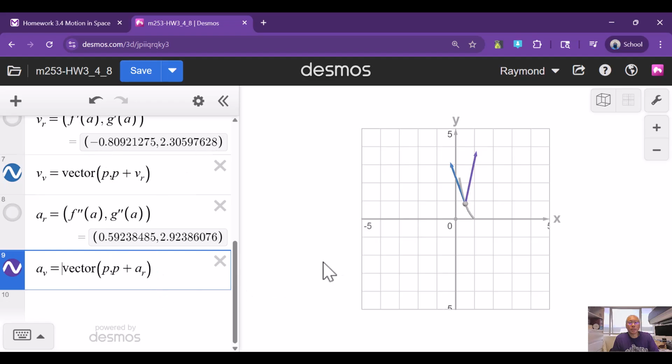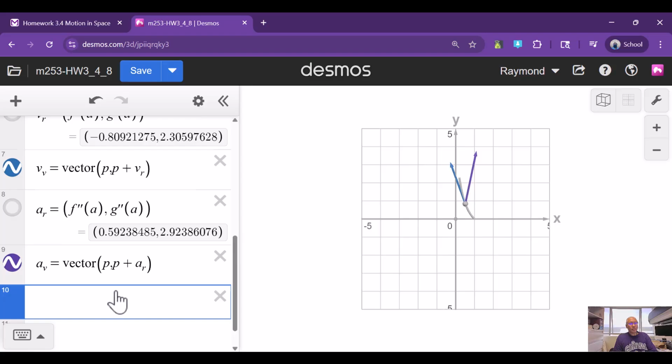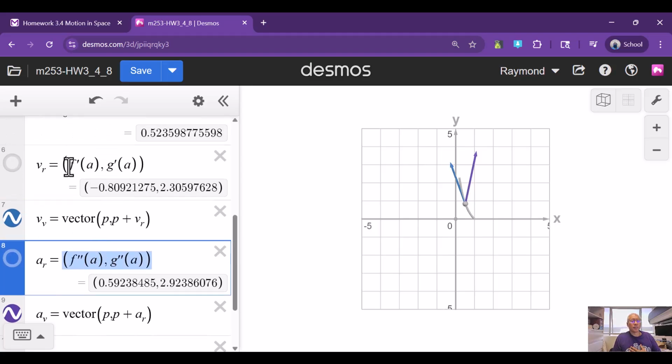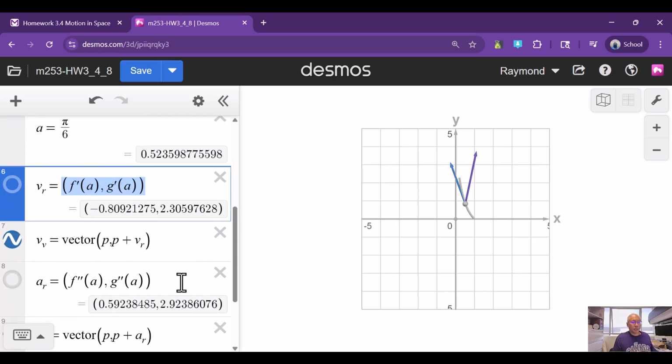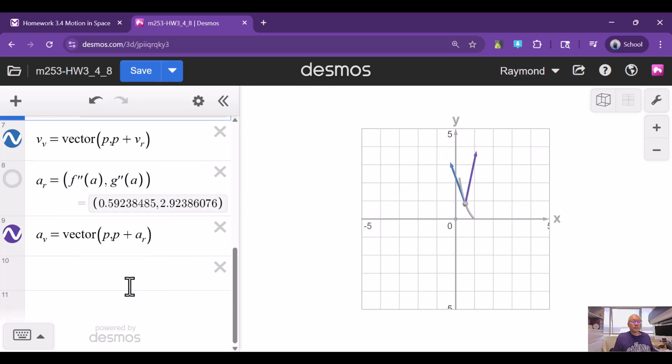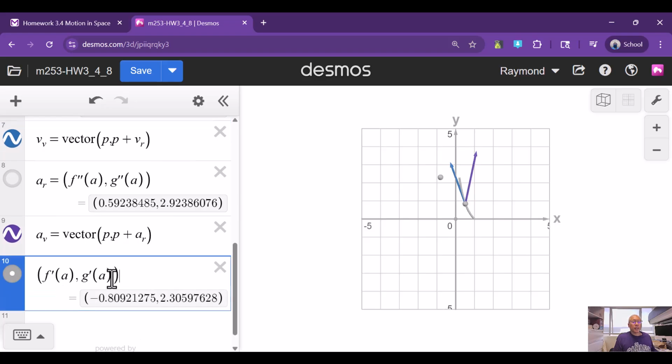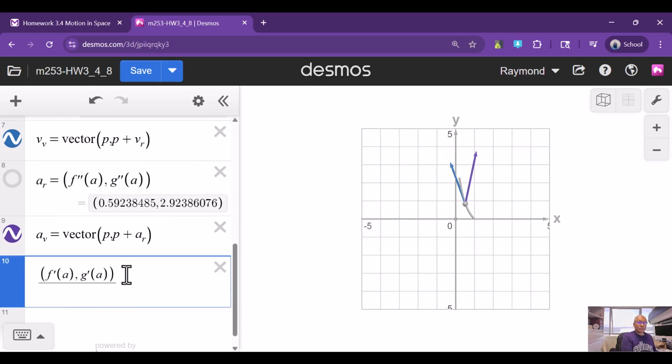We want to first find our unit tangent vector. So to find our unit tangent vector, we need to create it. It's essentially the velocity vector divided by its magnitude. So I'm going to take that velocity vector and then divide by its magnitude. I don't know if we can do this magnitude business.